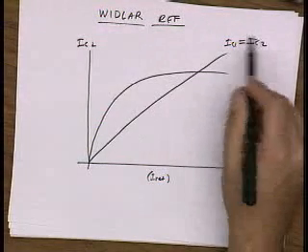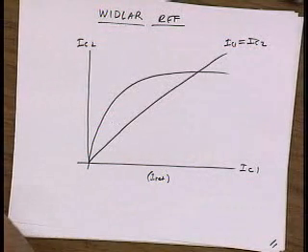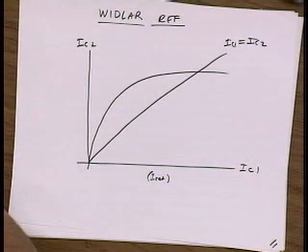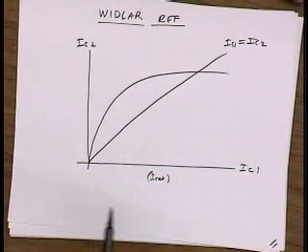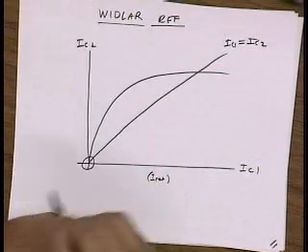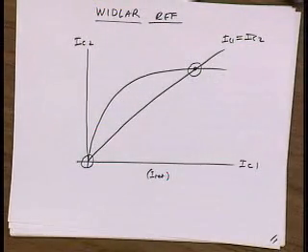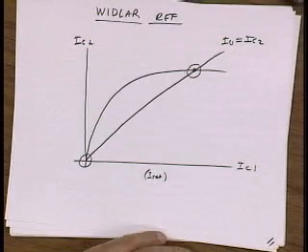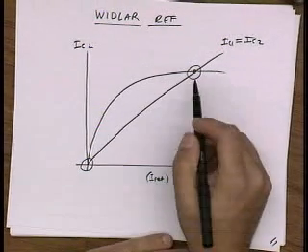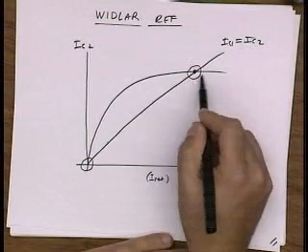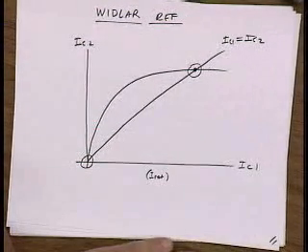But let's use this simple case of equality. Then you can see very clearly that there are only two potential solutions: zero current and some finite value of current. If we force these currents to be equal to each other, this is the only solution that will satisfy the circuit.